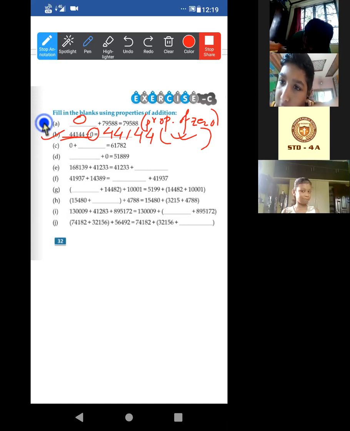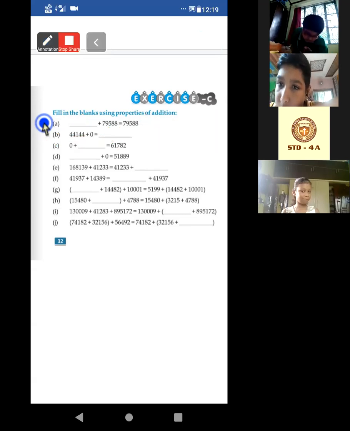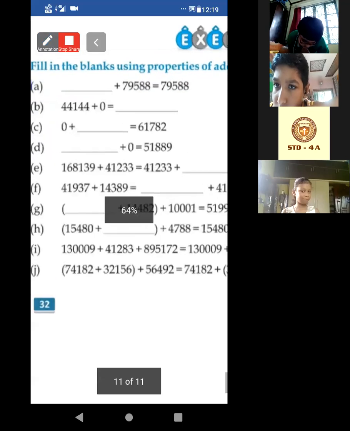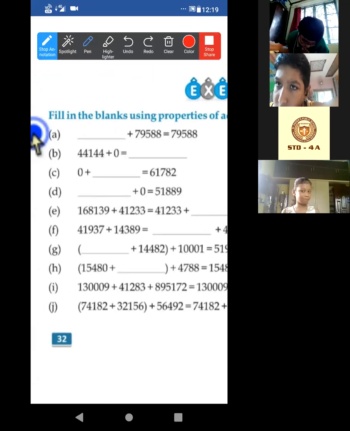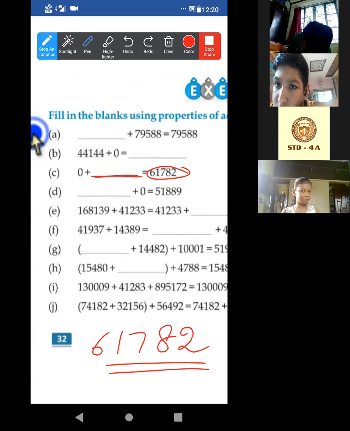Number third one, number C. 0 plus something is equal to 61,782. What is given in the question? Let me zoom it again, then wait. Look at this. 0 plus something is equal to 61,782. Definitely this number, the number itself.